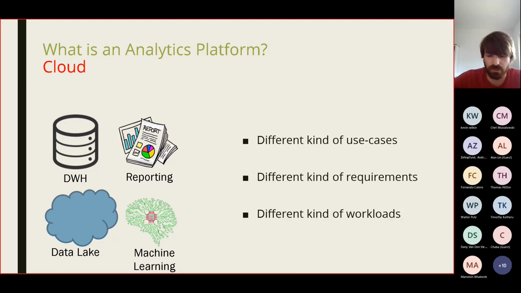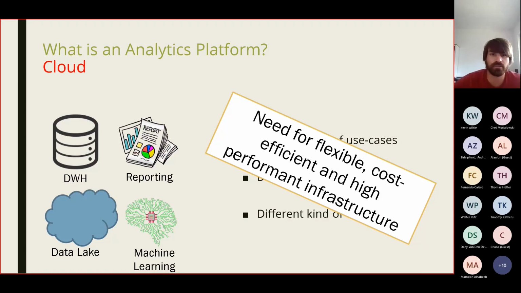That's why a lot of people just didn't dare to run an analytics platform on premise. What the cloud gives us is this flexibility and efficiency for building this infrastructure without too big an investment upfront, which makes it super easy to start small and grow big in the cloud.